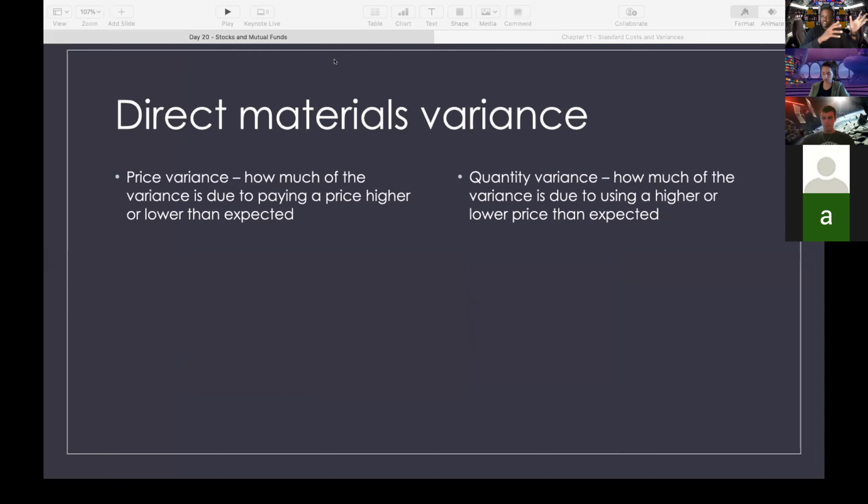And we're going to get a difference, because there's always a difference between our budget and our reality. That difference can be broken down into two things. One is how much of that difference is because we paid a price higher or lower than what we had expected. That's the price variance. The other is how much of this variance is due to the fact that we used more or less materials than we expected.